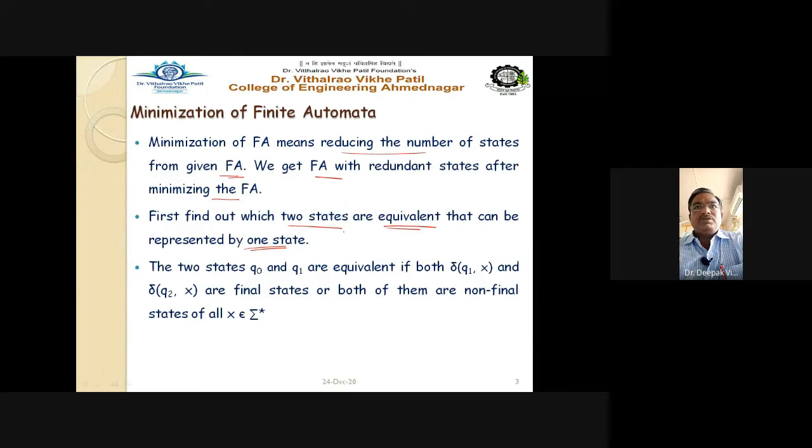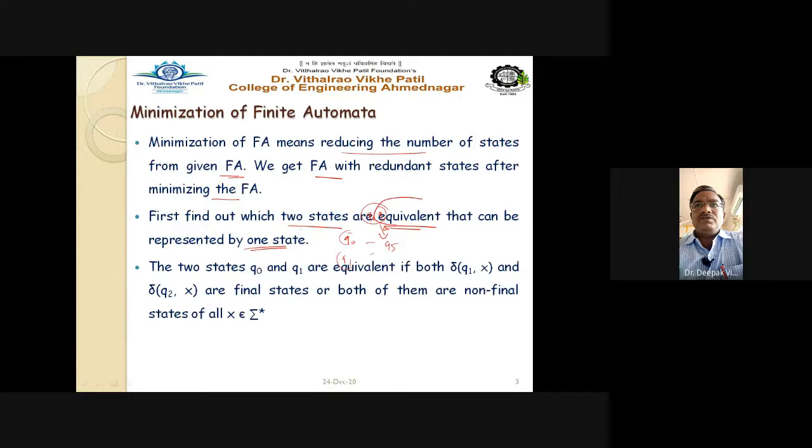Say for example, suppose there is a Q0 state and a Q1 state, and they go to, say, Q5. So instead of representing these two different states, can we represent them as a single state Q0, Q1, which goes to Q5 on the same input symbol, for example, A? Yes, we can do this. So we can have a proper procedure to minimize the number of states.